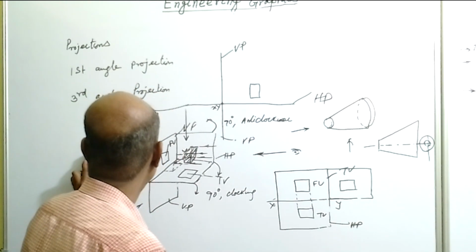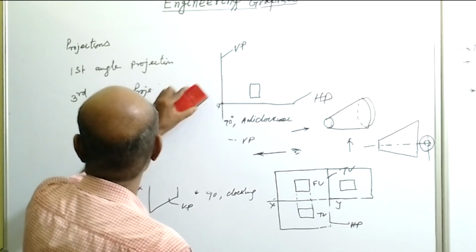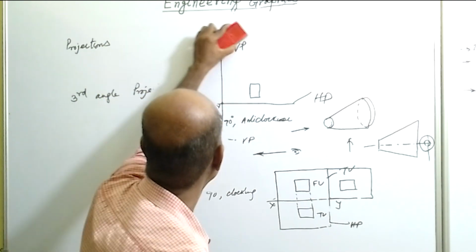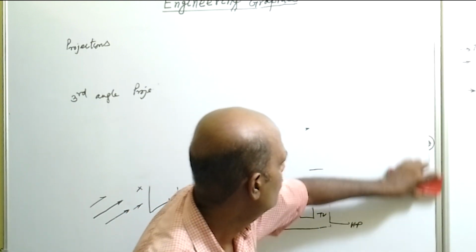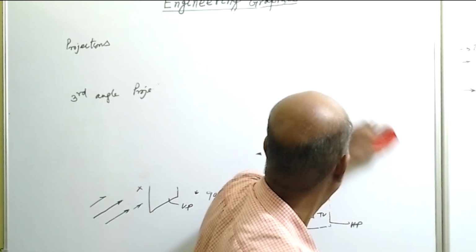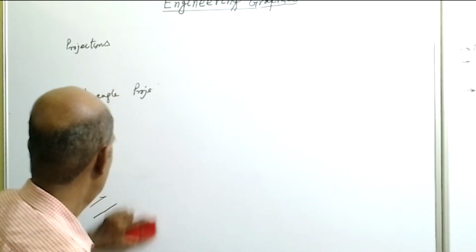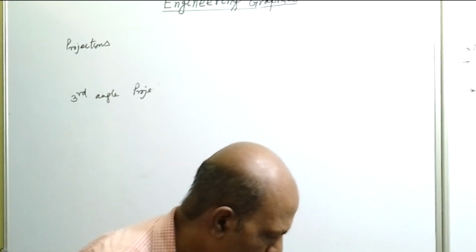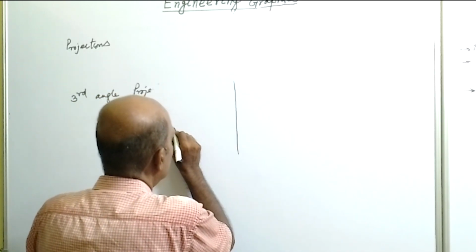Now we will see the third angle projection. So in third angle projection, the object is kept in the third quadrant.